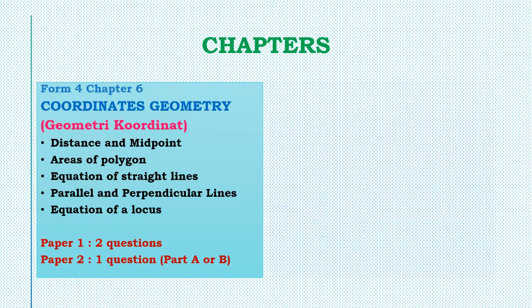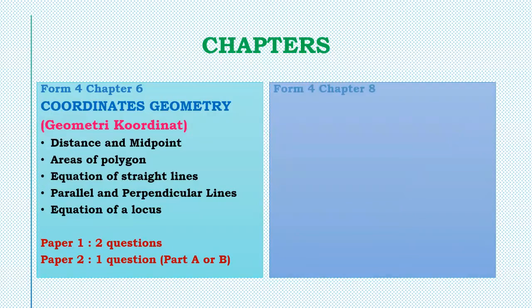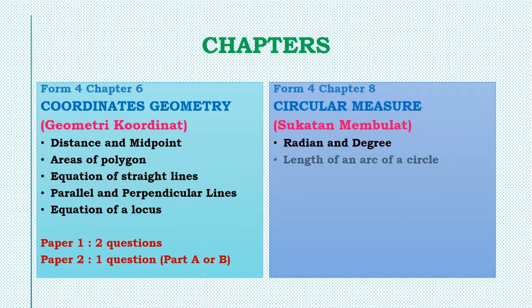The next that we are looking at is circular measure, which is another topic which is easy to score. The important thing that you need to know is radian and degree, how to convert from one to the other. Okay, and how to find the length of an arc of a circle and how to find the area of a sector of a circle.